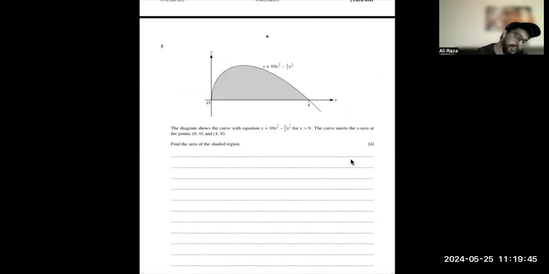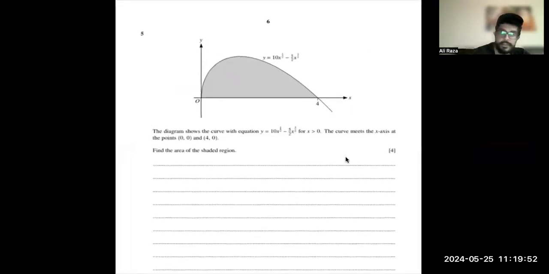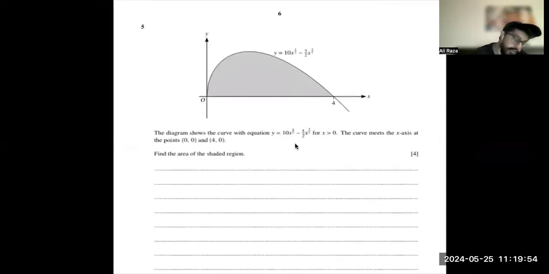In question 5, we need to find the area for the shaded region. We have the limits 0 and 4, and we're given the equation of the curve.